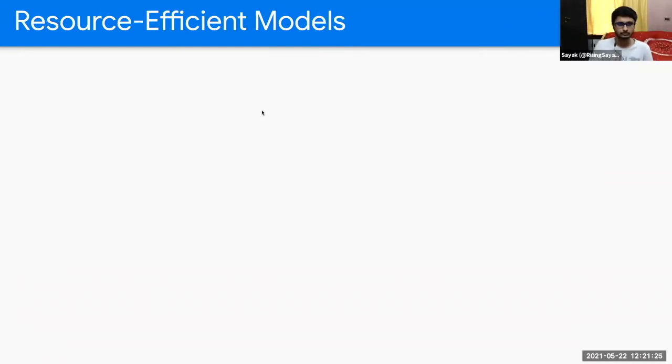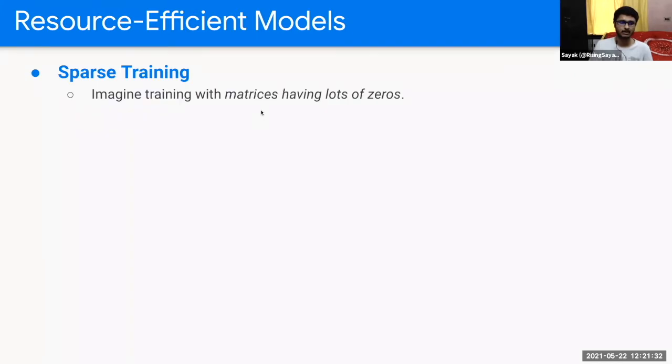So the first trend in resource efficient models is sparse training, and what that is, imagine training with matrices that have lots of zeros. The reason I'm mentioning matrices is that neural networks are primarily based on matrices, be it fully connected dense networks, convolutional neural networks, recurrent neural networks, or any neural network for that matter.